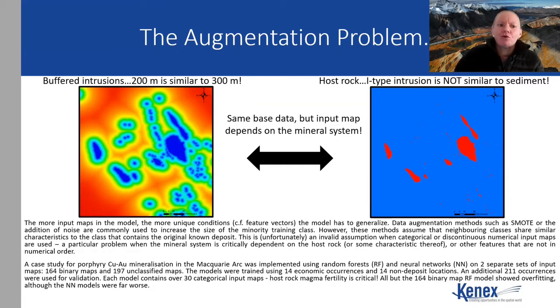But it doesn't work for all of them. It doesn't work for mineral systems where it is the host rock or some characteristic of the host rock. So whether it's lithology or stratigraphy or magma fertility, where the features are not in any kind of numerical order.